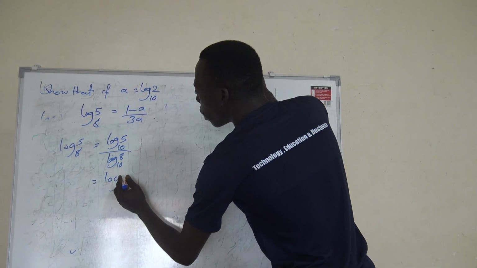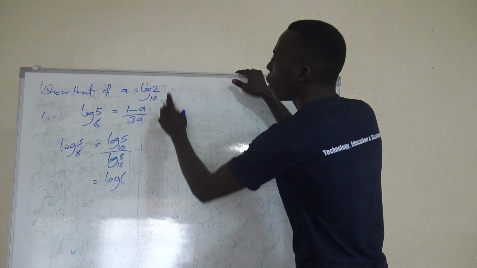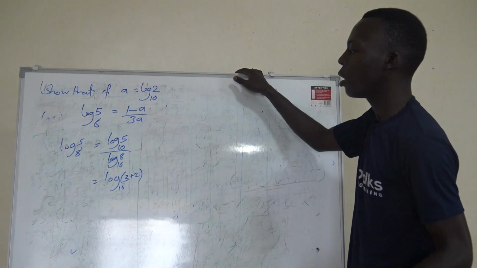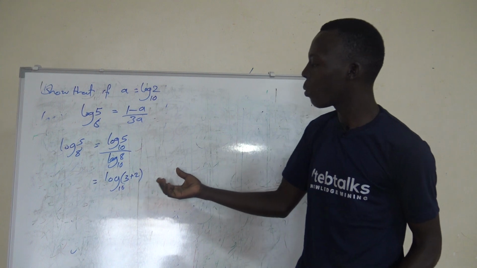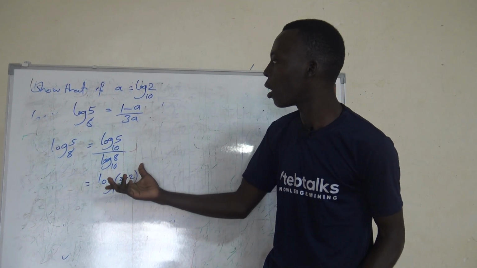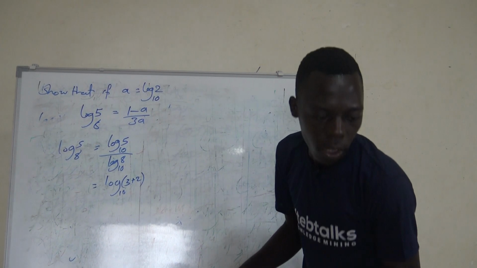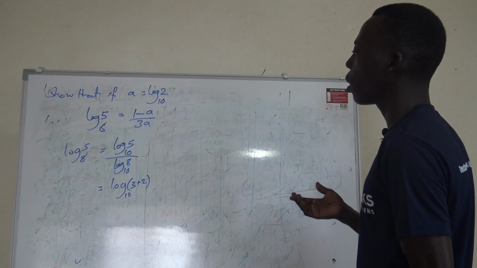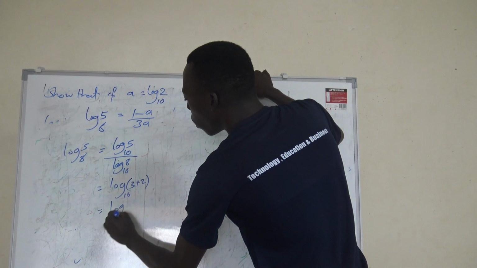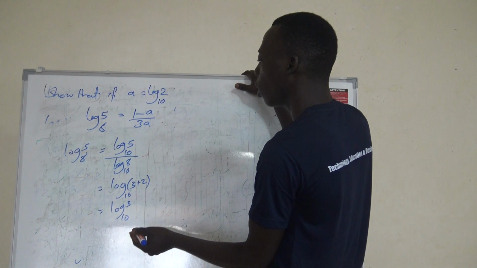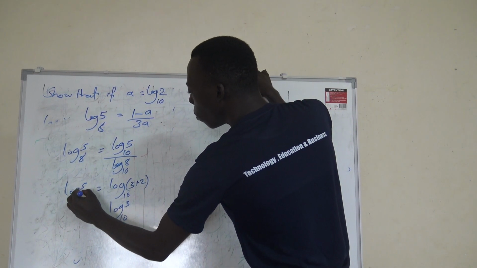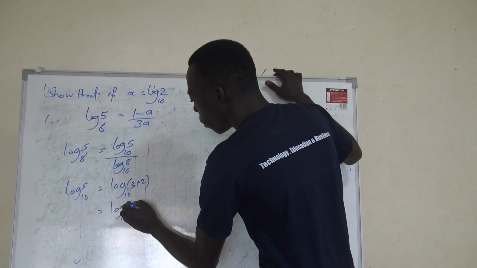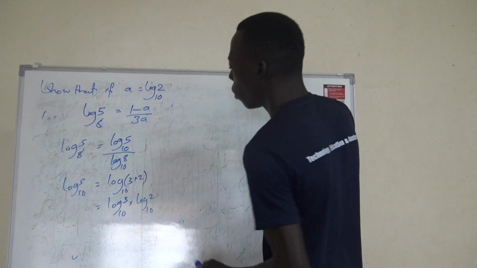If we say it is 3 plus 2, then log of base 10, 3, and when we are adding, we multiply, so it becomes times log of base 10, 2.